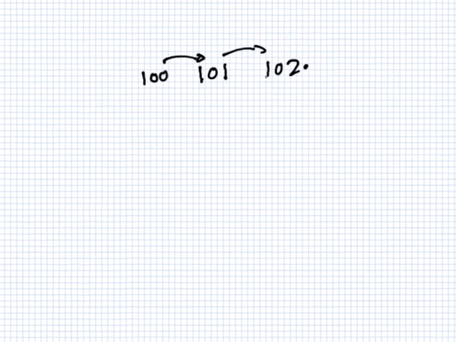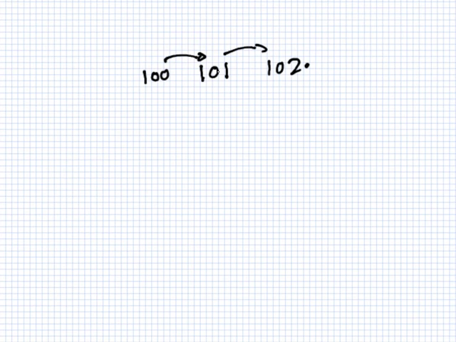After 1 month, it's become 101 because it increases by 1%. And after another month, it becomes 102.01. It's not exactly 102 because it's 1% of 101.